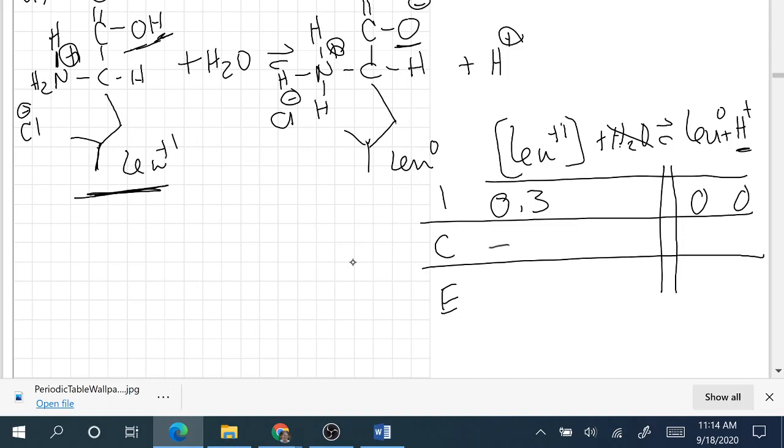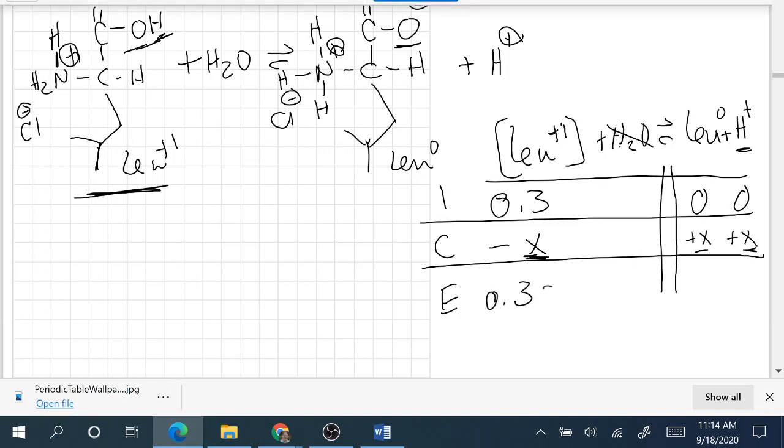Then we're going to get minus X for the change, and that's going to give us plus X for each of these products, because for every X moles of the leucine plus 1, we're going to gain X moles of the leucine 0 and the H plus. And so at equilibrium, we're going to have 0.3 molar minus X, and then X and X for the other 2 species.